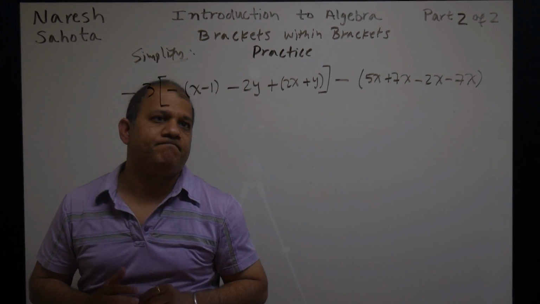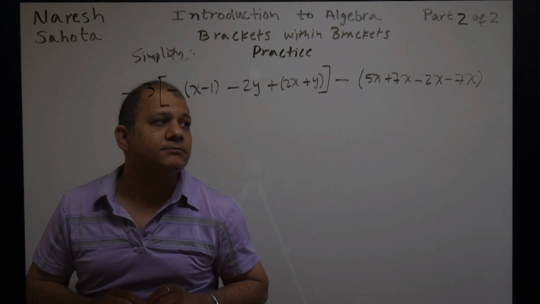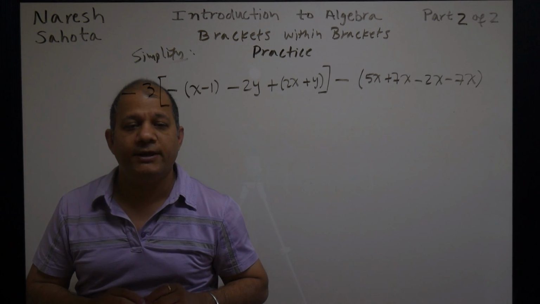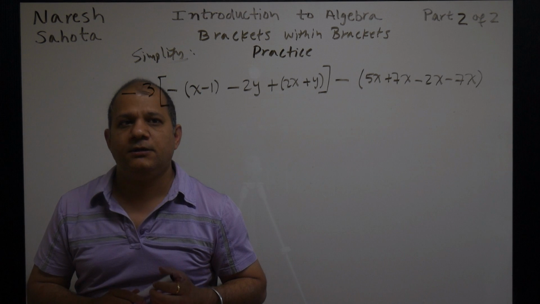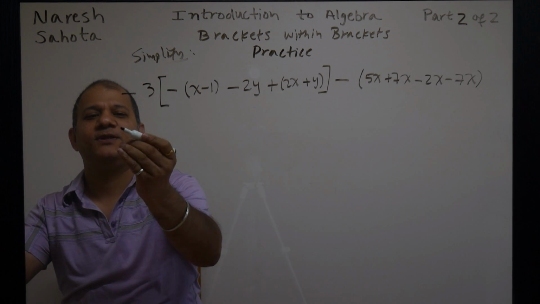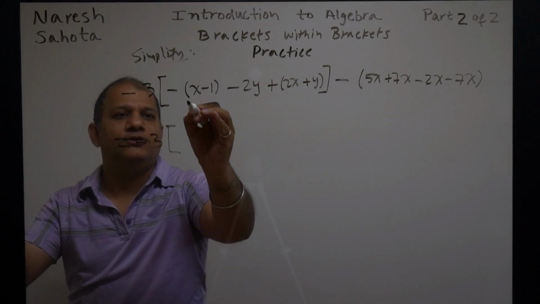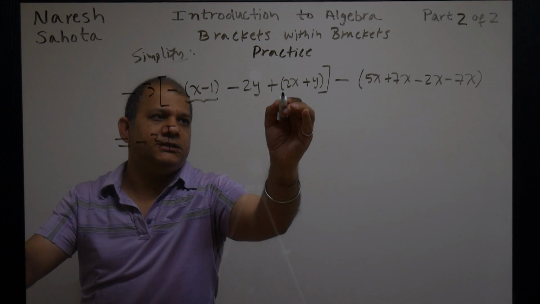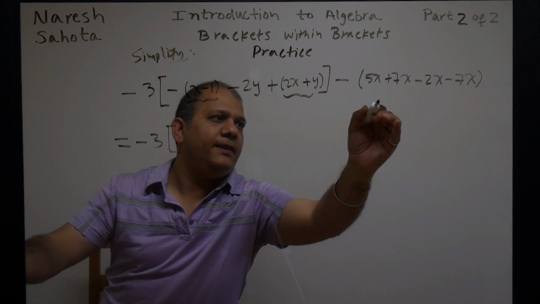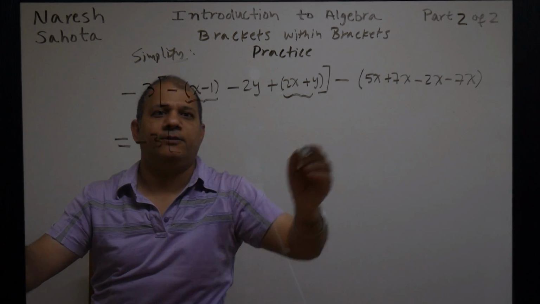So simplify. Our job is to remove brackets, and we work our way from the inside out. Okay, so let's get started. So equals, copy the -3 as is. So we want to remove these parentheses, and then we can collect like terms.